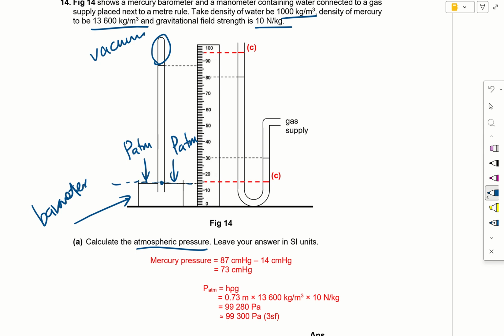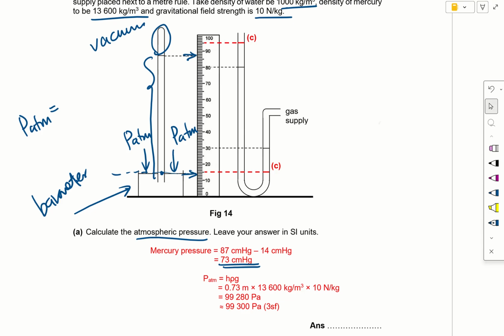So P_ATM is the pressure outside of the tube. Over here will be due to the liquid pressure, which also equals P_ATM because of same liquid, same level, same pressure. Then we get our readings from the meter rule placed over here. The height is actually 73 cm.